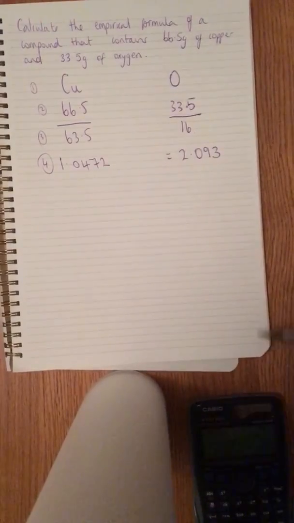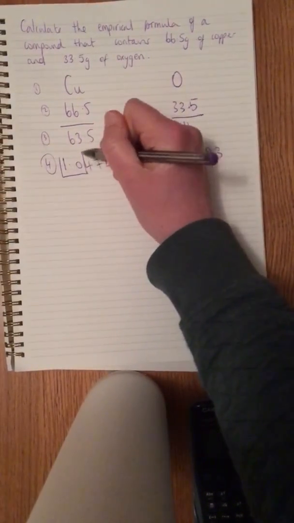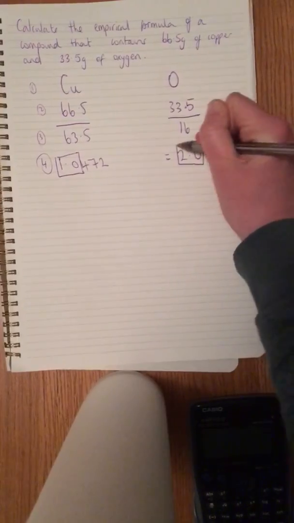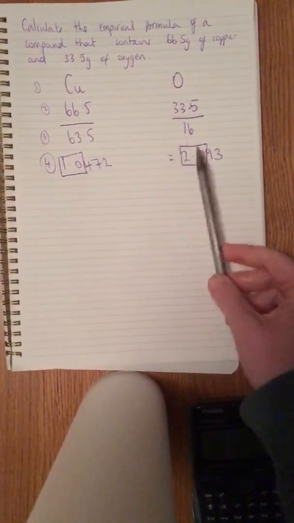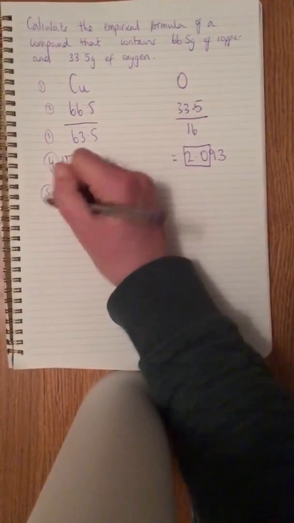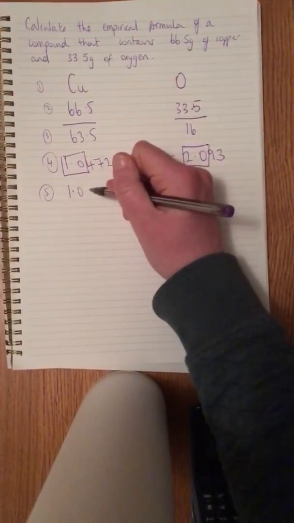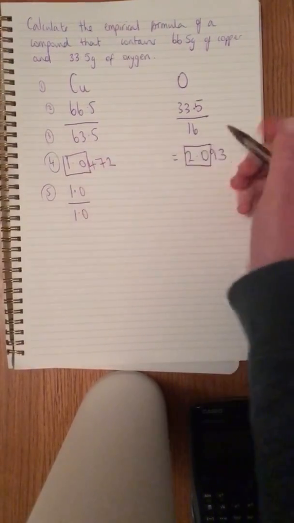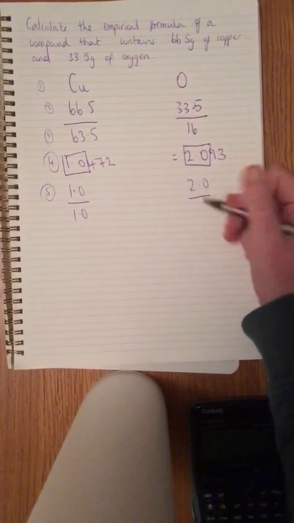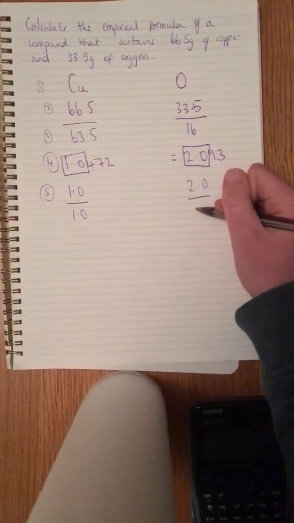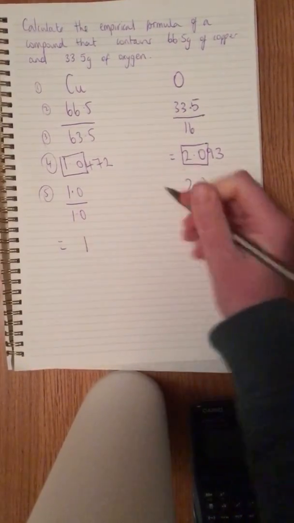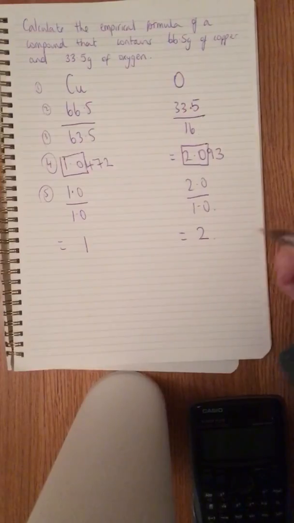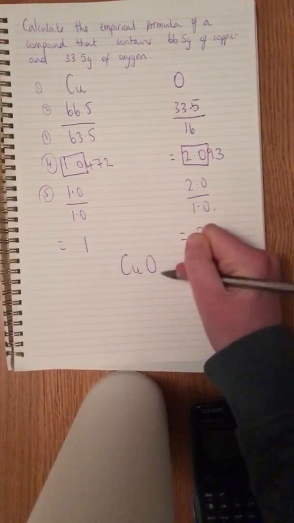At this point, because we've actually got a ratio of 1 to 2, I could divide them, but all I'd be doing is 1 divided by 1 and 2 divided by 1. So I can do that stage if I want to. Just to show you, for the purpose of this, I will. So I'm going to do 1.0 divided by 1.0, 2.0 divided by 1.0, which gives me a ratio of 1 to 2. So my answer would be CuO2.